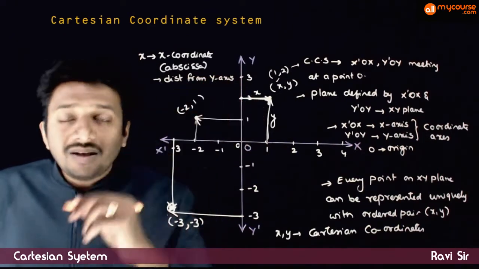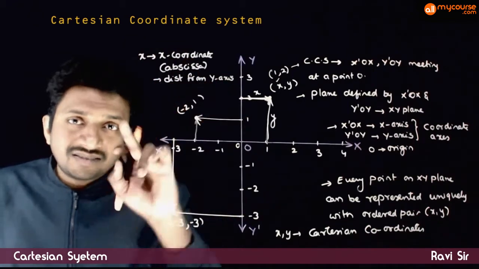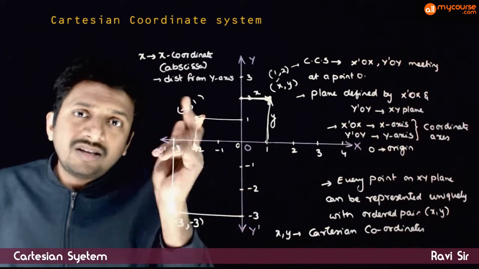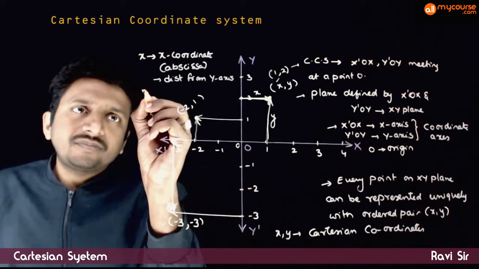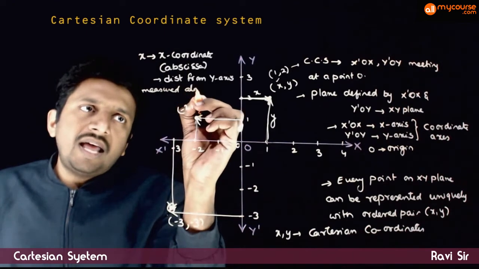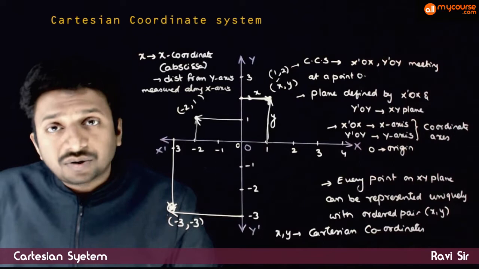If you want the x-coordinate, you want the distance from y-axis, and measured along the direction of x-axis. Measured along x-axis direction is called the x-coordinate.